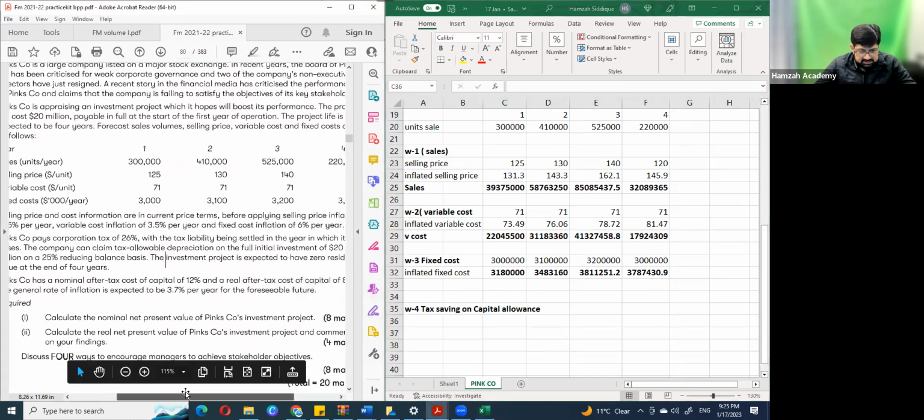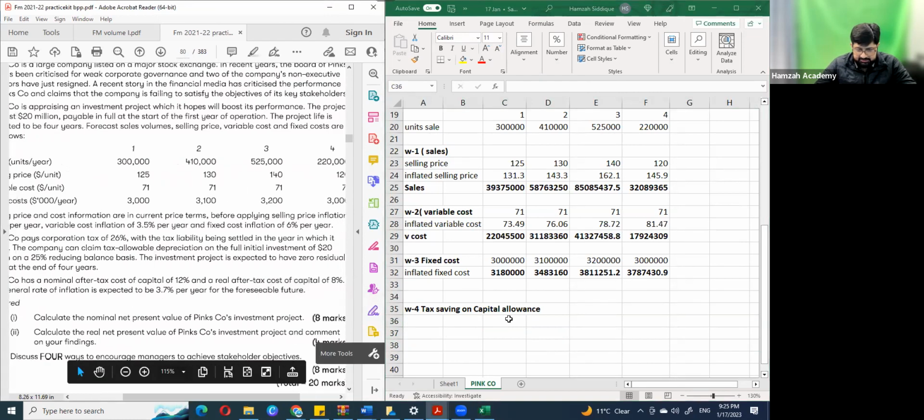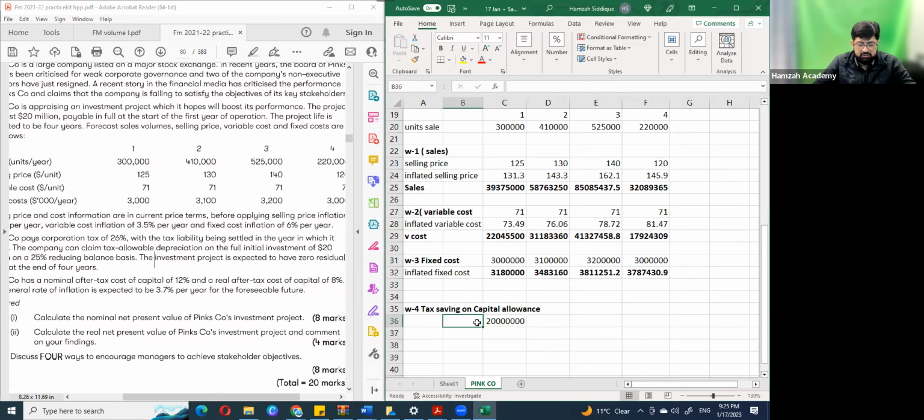They say it is how much? 20 million. 20 million, written down value, and capital allowance. Then tax saving on capital allowance. So they say that it is 25%. This into 25%.